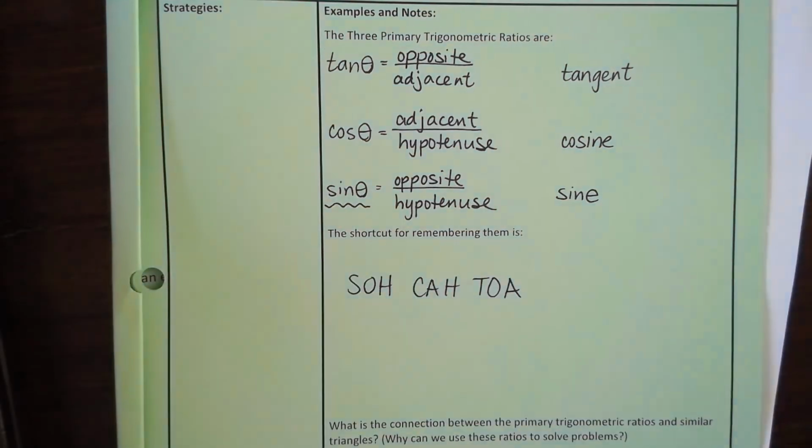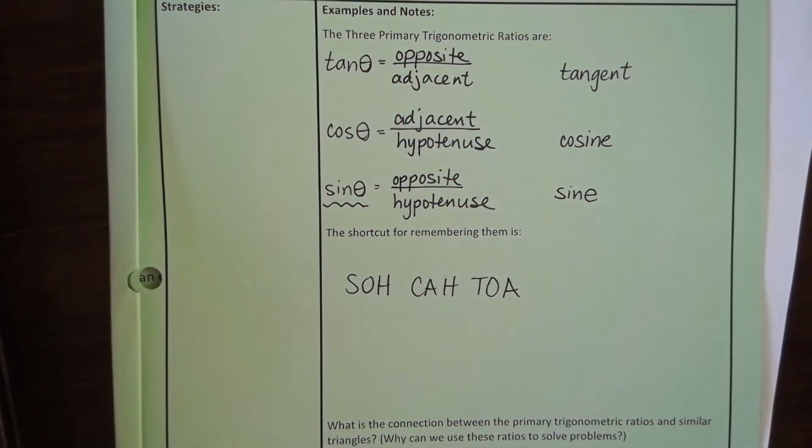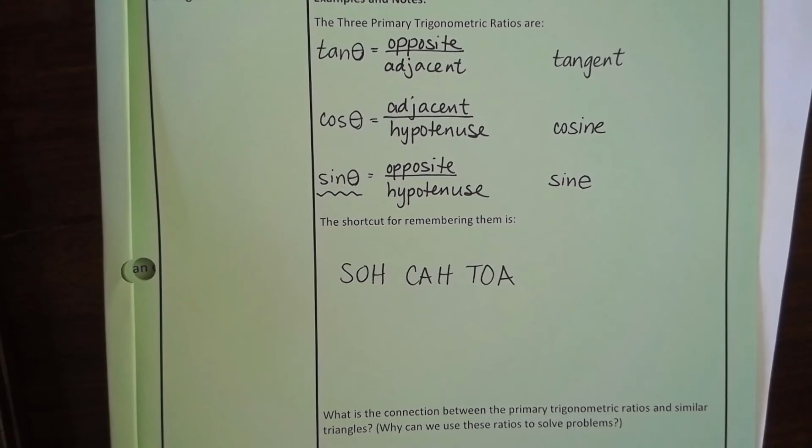If you have an older brother or sister at home, or maybe your parents might even remember this, it's kind of like knowing BEDMAS. Everyone who's learned trig knows SOHCAHTOA. It's just a quick, easy thing to remember. It's so easy, in fact, that some people think, whatever, it's no big deal, and they never bother actually learning it. So what I would do is write it out a couple of times.